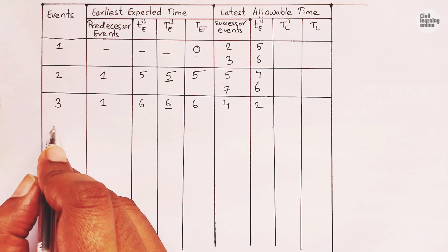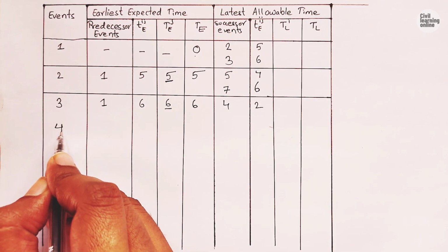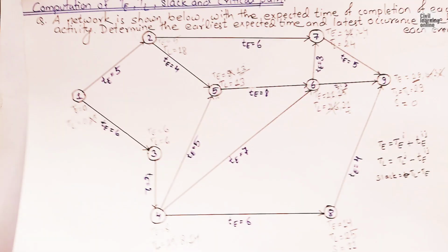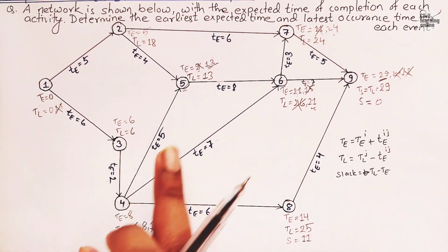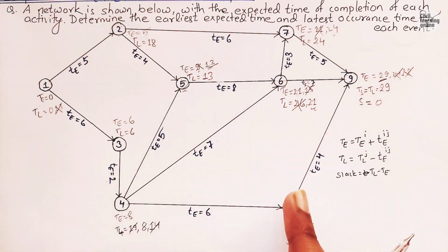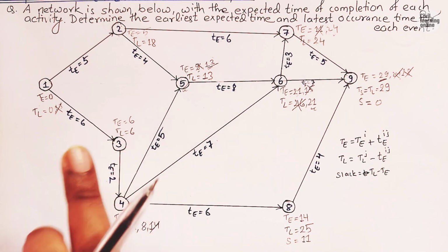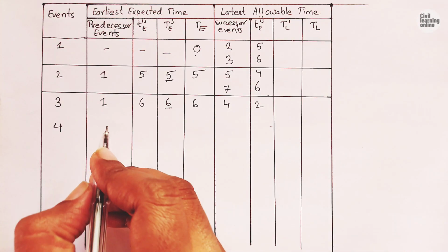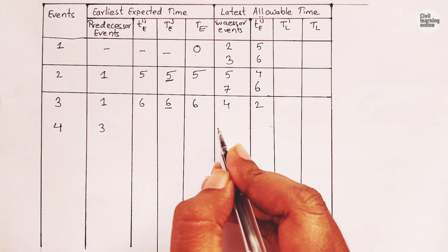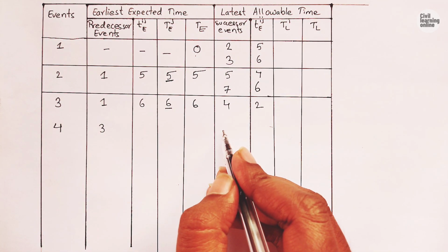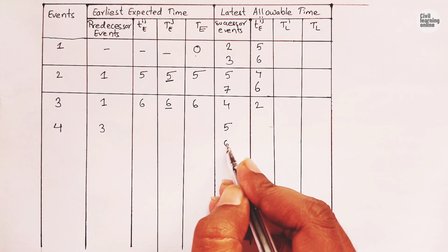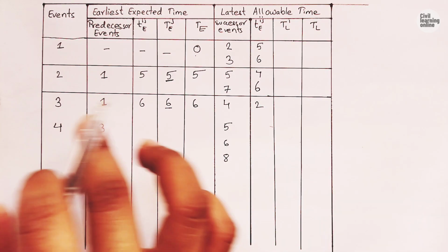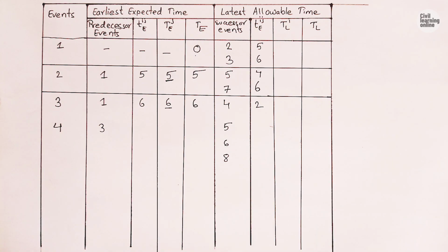Now it's the time for event 4. Event 4 has one predecessor and three successors. 5, 6 and 8 are successors of event 4, and 3 is the predecessor. Draw horizontal lines.